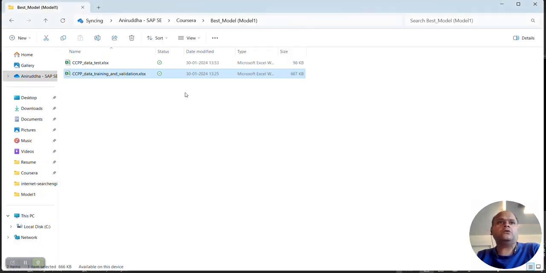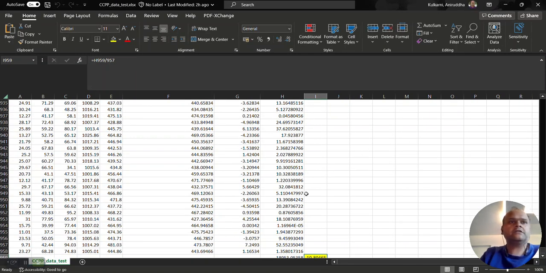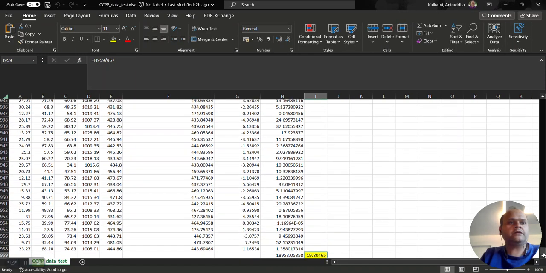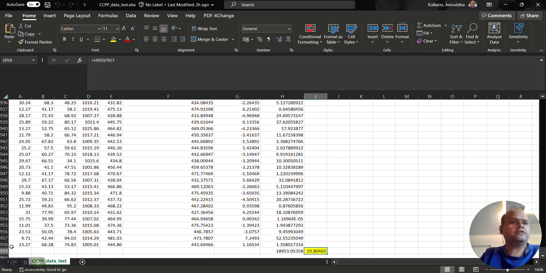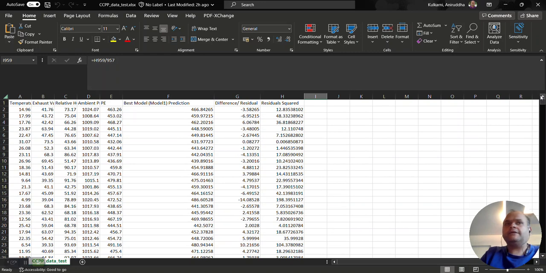So let's see how that went. And here we have the test data set. So this data set is much smaller, as I mentioned earlier, about 958 rows here. It has all of the input variables and the target variable, but model 1 only uses three of these variables.